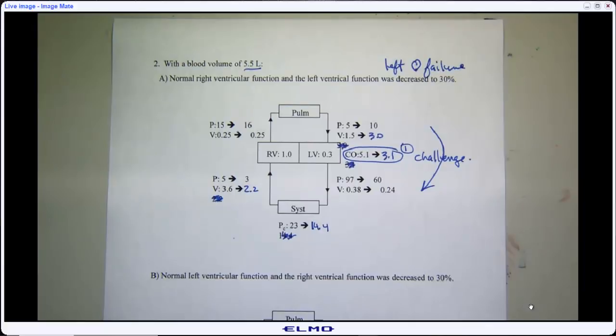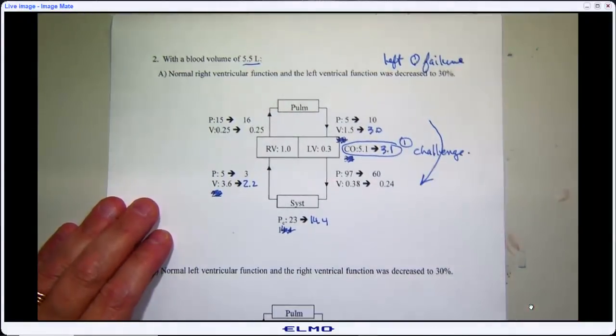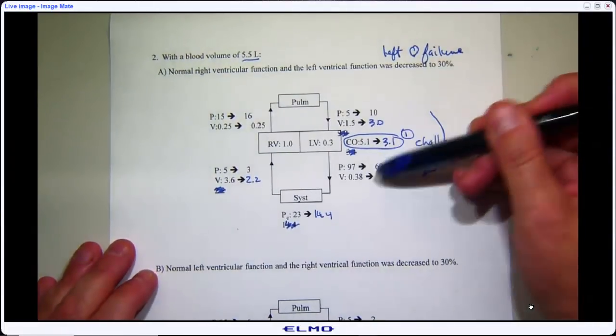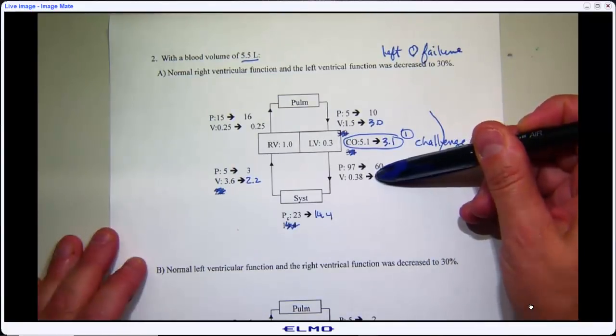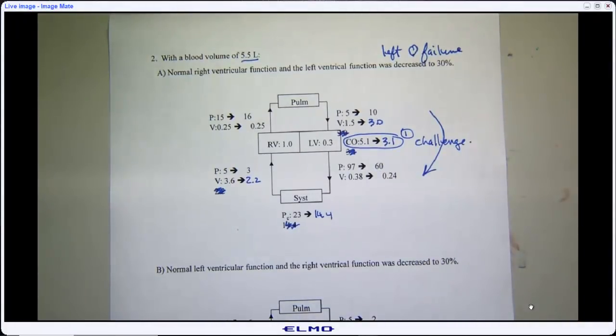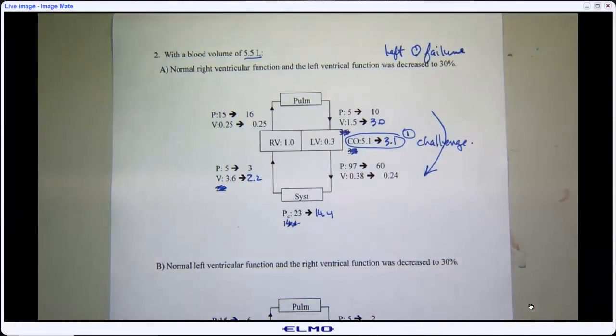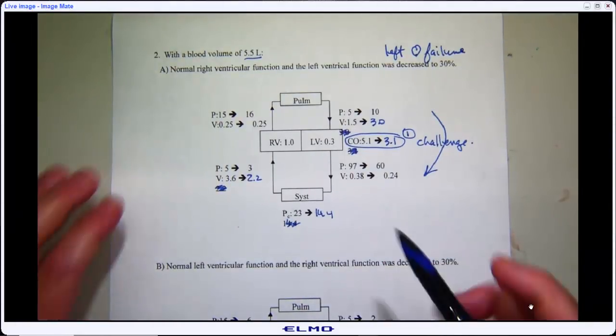Okay, so if I were to decrease cardiac output of the left heart, and the left heart takes that volume and puts it into the systemic arteries, I should fully expect to see in the compartment that it's supposed to be filling a decrease in volume and a decrease in pressure.